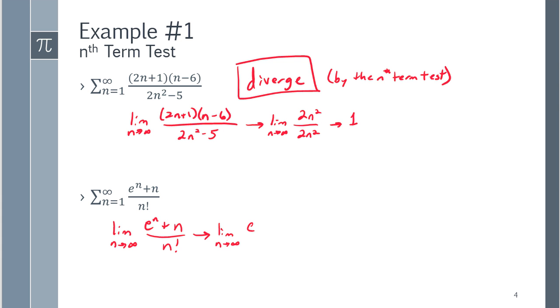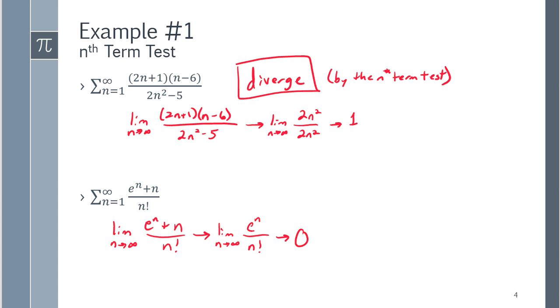On the top, e to the n starts to dominate. On the bottom, it's just n factorial. But then remember that as n is going towards infinity, a factorial grows faster than an exponential. So the n factorial is getting bigger faster than e to the n. So I have something getting larger and larger and larger faster on the bottom. This is approaching 0.